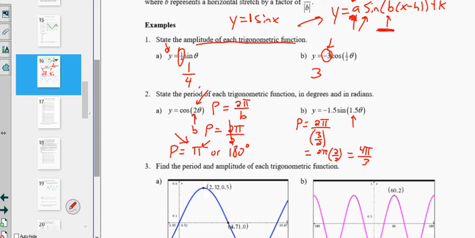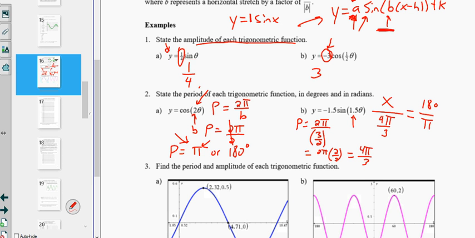You could figure that out by multiplying. Okay, let's do it. So 4 pi over 3, let's go x, if I'm looking for degrees, over 4 pi over 3 is equal to 180 degrees over pi radians.